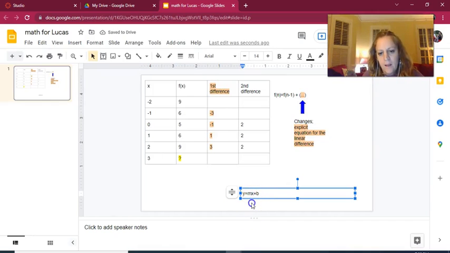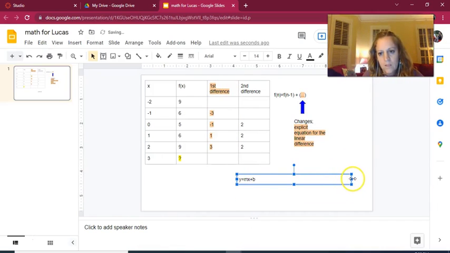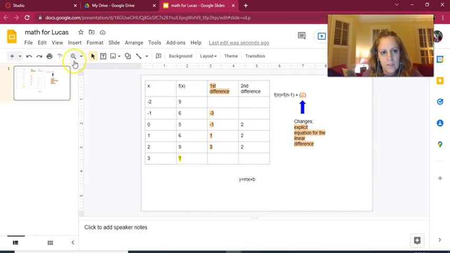Okay? That m is your change. If we're looking at this, the difference between these numbers is this change. Well, the change is a 2.